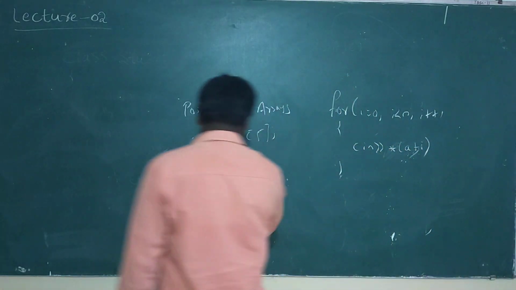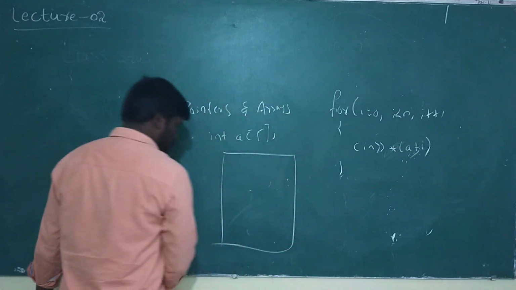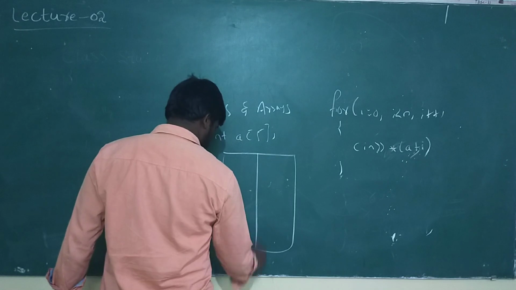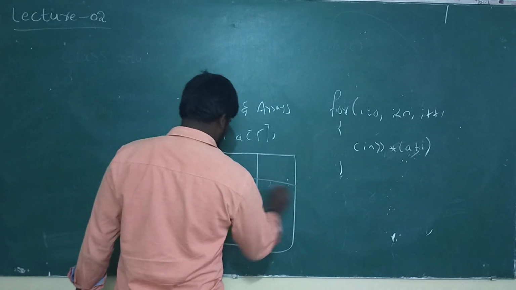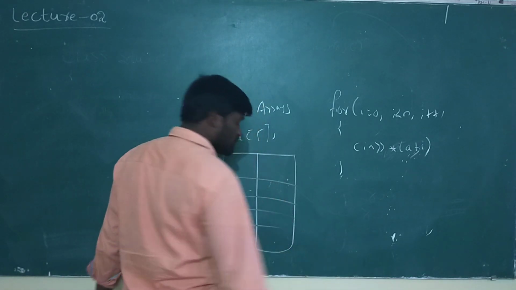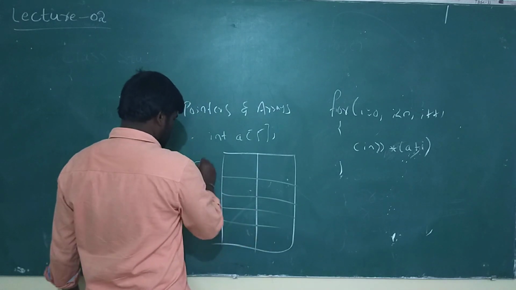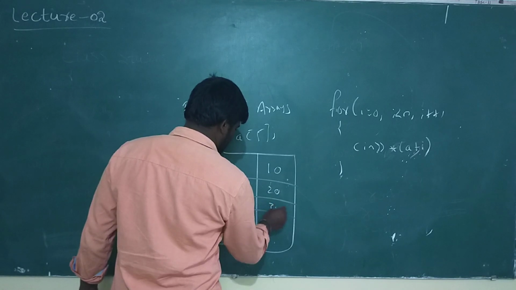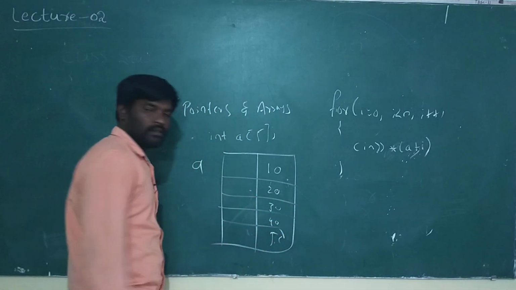For example, this is the memory block. This is a. I can consider 10, 20, 30, 40 and 50.